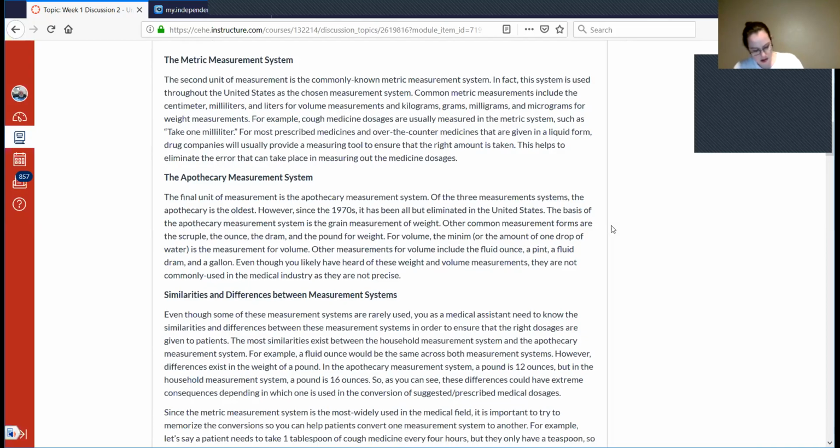And a grain was defined from early on in the history of medicine as the weight of a grain of wheat. Now, of course, it depends on what kind of wheat you're talking about, right? So it's not a real accurate or consistent system. It's all but been banned. A lot of places don't even teach it anymore, but it's all but been banned in most hospitals.